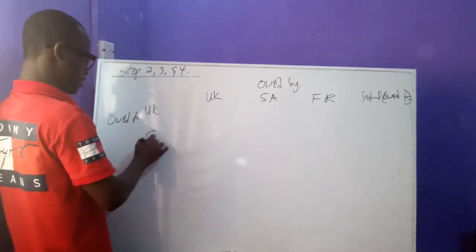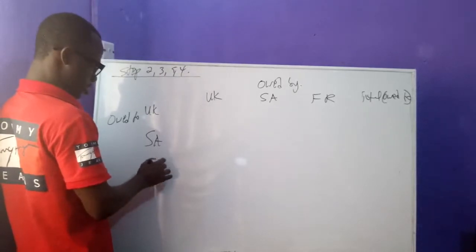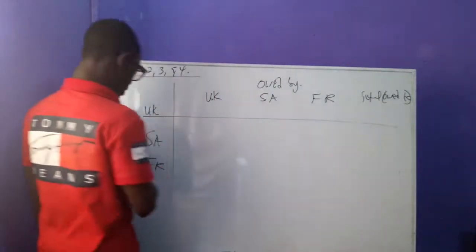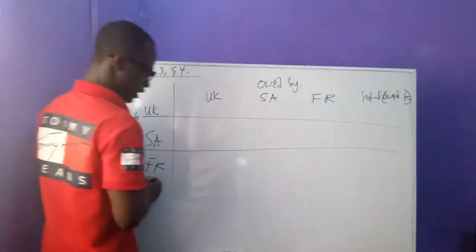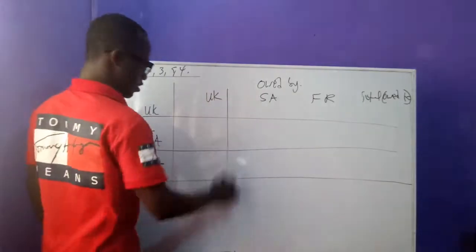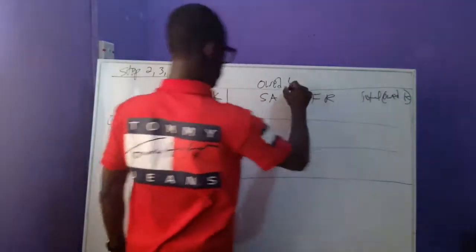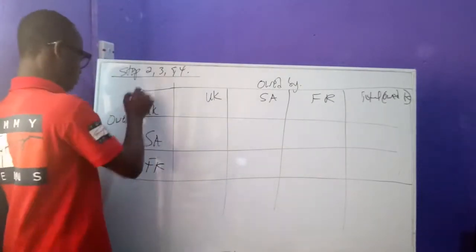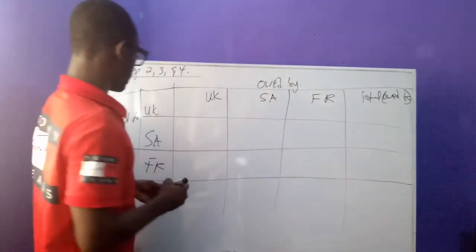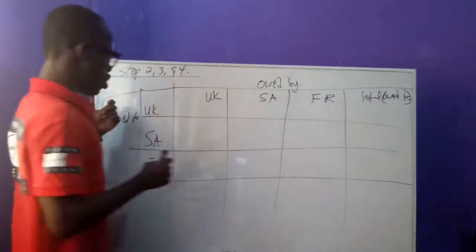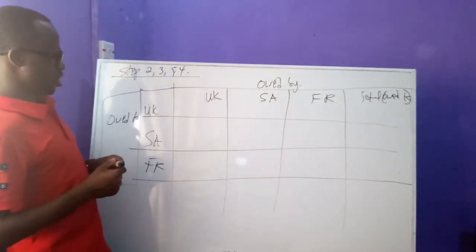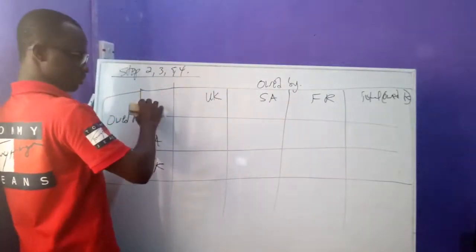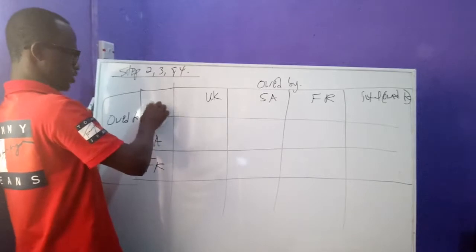So let's divide it up and have a fair idea of what's happening here. Right, so owed by, owed to. My division is 4. Let me do that again.